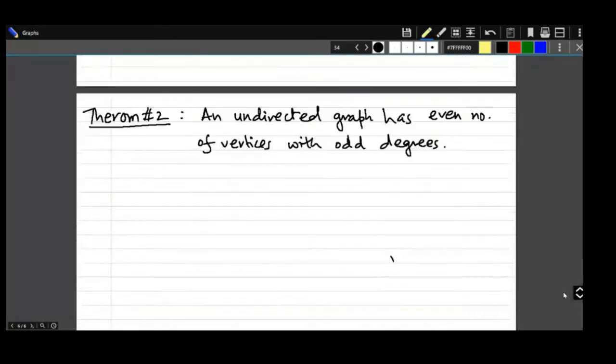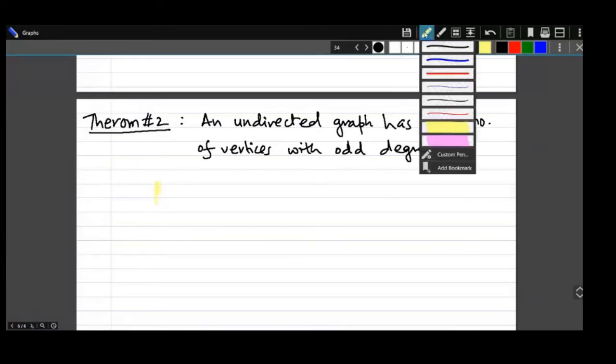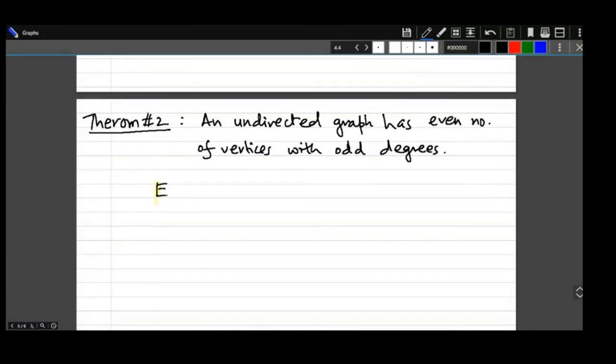Okay, I will not prove it directly right now, I'll just tell you. You know that the sum of the degrees is always even. And you know odd plus odd makes even, right? And even plus even makes even, right?